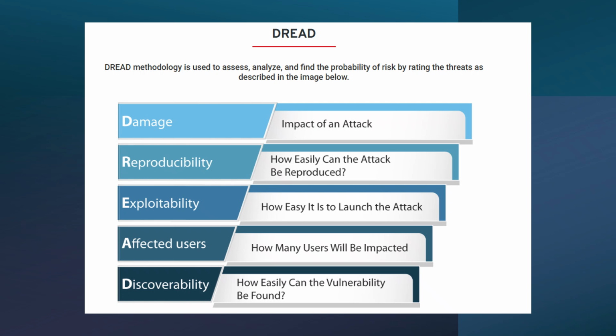This method allows security teams to compare threats objectively and prioritize remediation efforts. Although less common today due to its subjective scoring, DREAD remains a valuable educational tool for understanding risk-based threat evaluation in security operations and development processes.